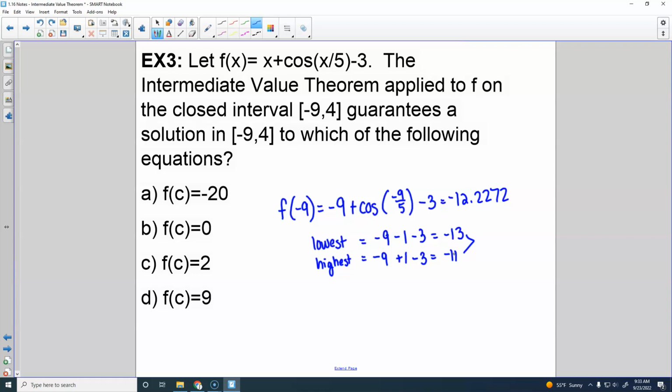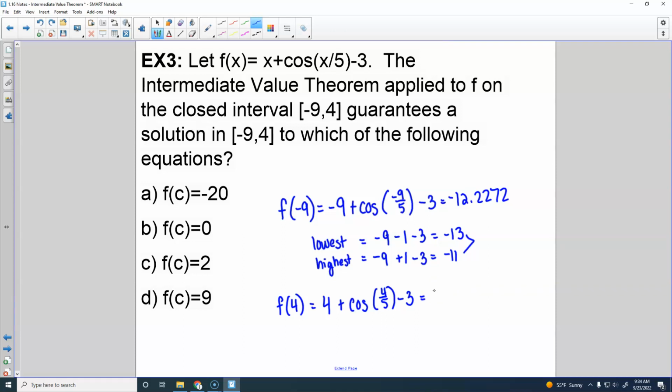So it's possible this could be calculator inactive, I think. F of 4. We'd have 4 plus cosine of 4 fifths minus 3. And if you do that in the calculator, am I doing that right?